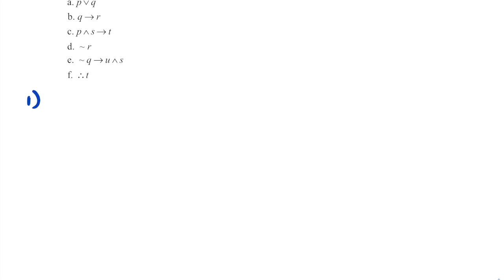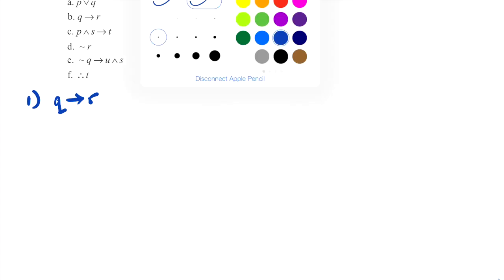So let's take a look at premise B. We know that Q implies R. These are assumed to be true, right? And that one is from premise B. I'm just going to say B if that's okay. So that'll be from B. It's given in the statement.